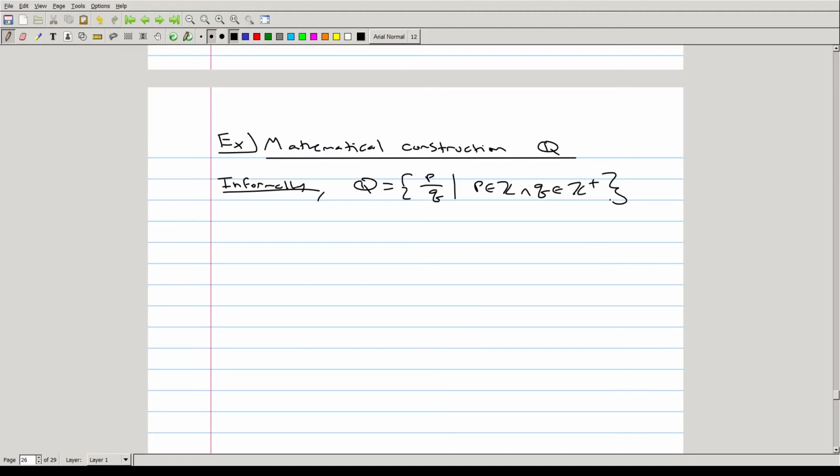We can make this more precise and accurate by expressing this set as an equivalence relation on the Cartesian product of these two sets.